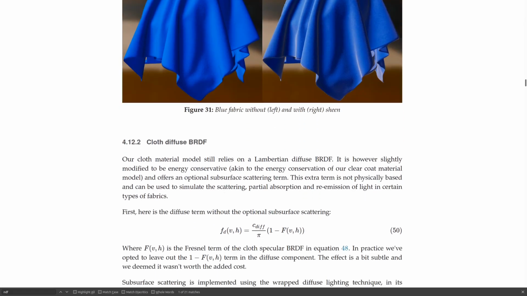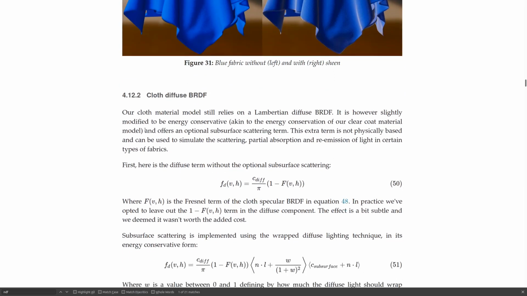Our cloth material model still relies on Lambertian diffuse. It is, however, slightly modified to be energy conservative, akin to the energy conservation of our clear coat, and offers an optional subsurface scattering term. This extra term is not physically based and can be used to simulate the scattering, partial absorption, and re-emission of light of certain types of fabrics.